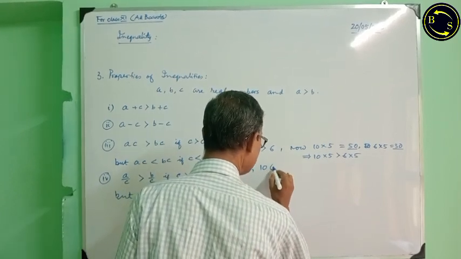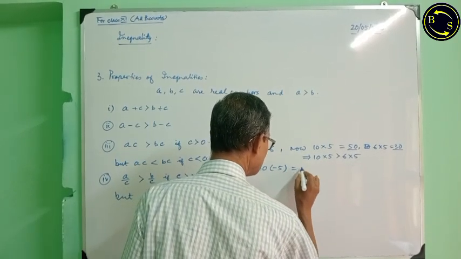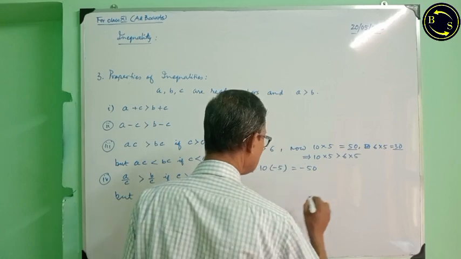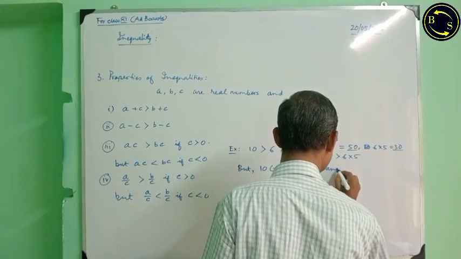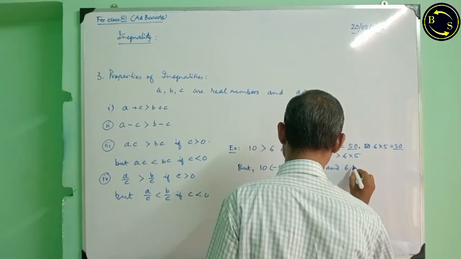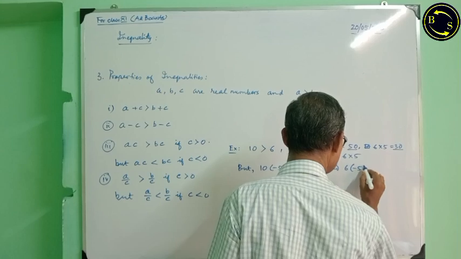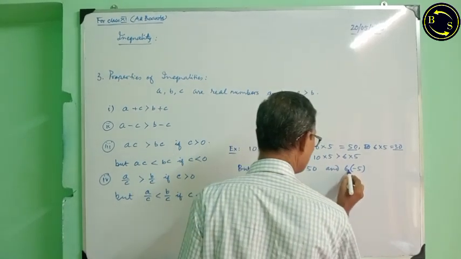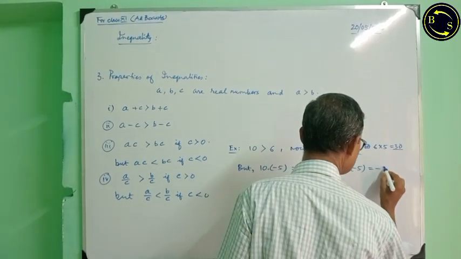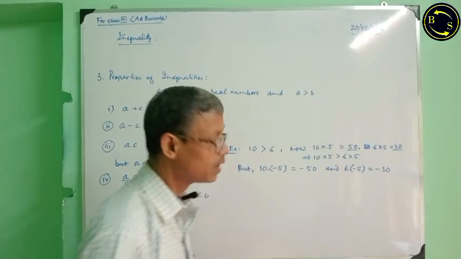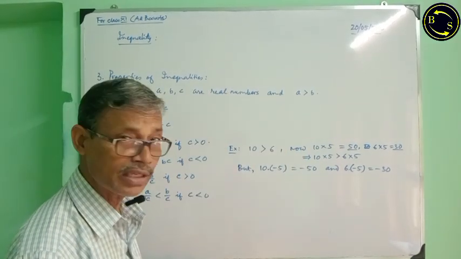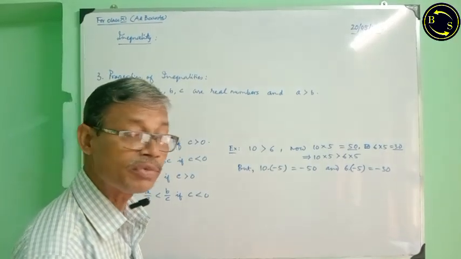But 10 into minus 5 is equal to minus 50, and 6 into minus 5 is equal to minus 30. Now, minus 30 is greater than minus 50.